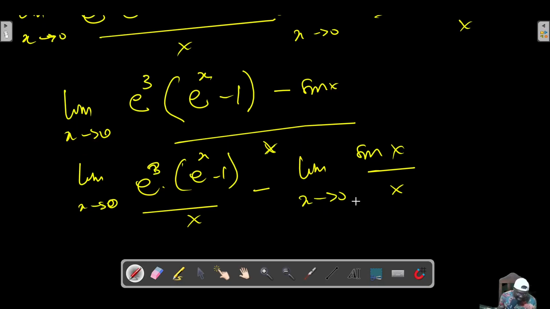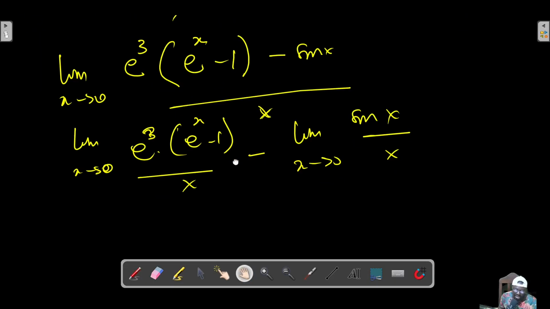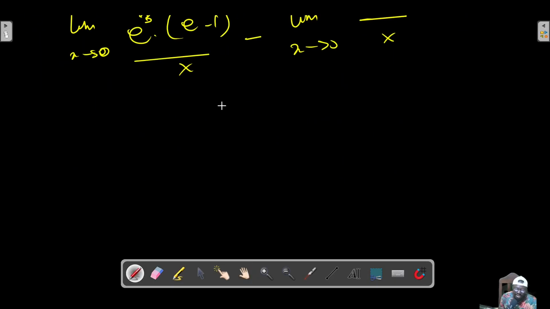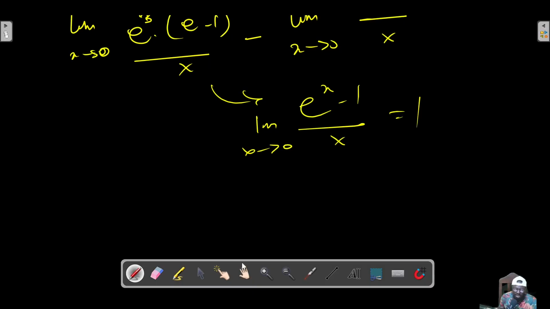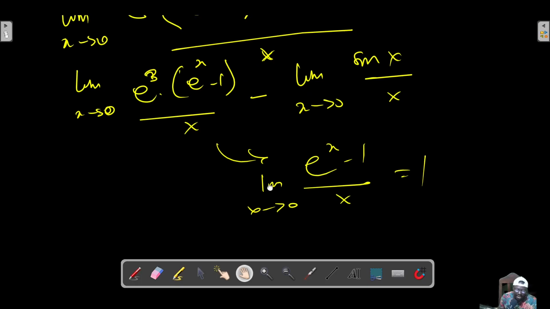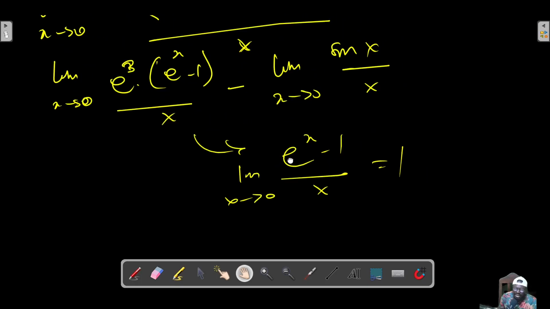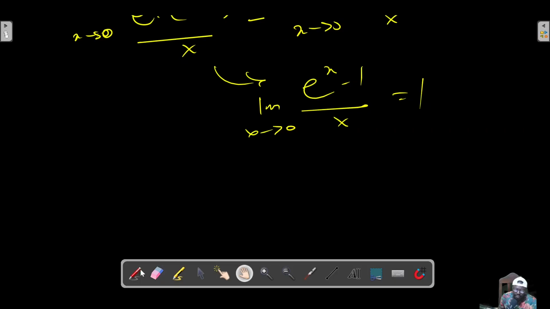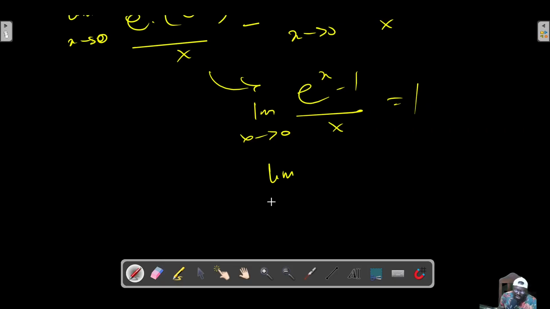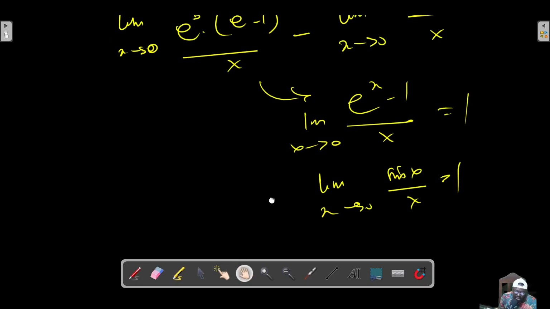So you can clearly see that from here we can apply some of the standard limits. The limit of this expression as x approaches 0 is equal to 1. We can apply it here. We can also apply another standard limit here: the limit as x approaches 0 of sine x divided by x is equal to 1. So let us apply.